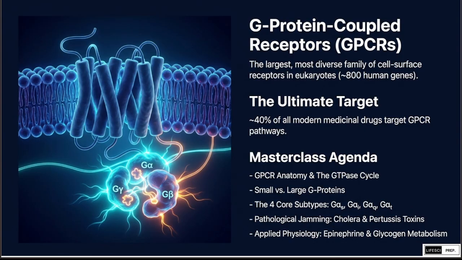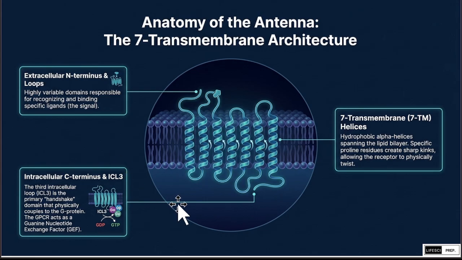Let's study the structure first. In GPCR, the N-terminal is present outside of the cell membrane, and inside the cell membrane the C-terminal is present.